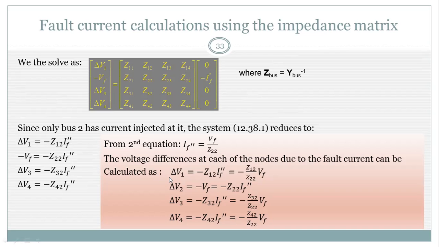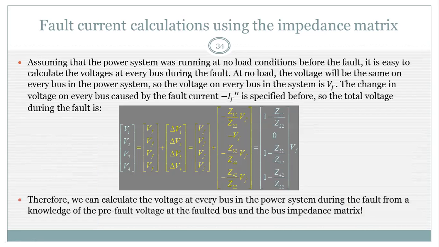So this is the voltage change of each bus at the instant of initiating fault, that is del V1. We can put down the short circuit current value here. So the equation should be minus Z12 by Z22 into the fault voltage, and the rest follow the same path.